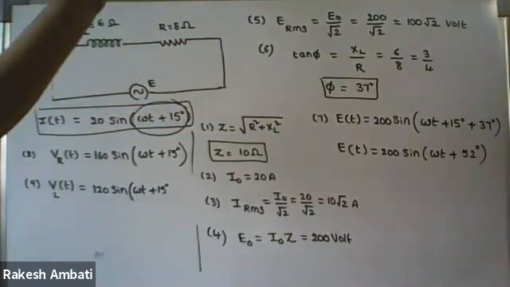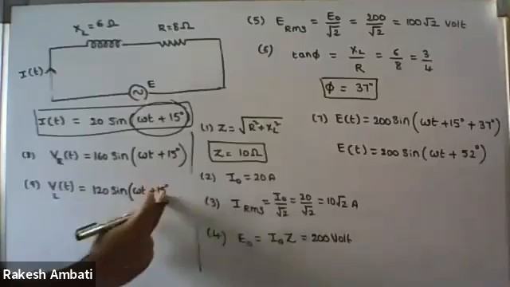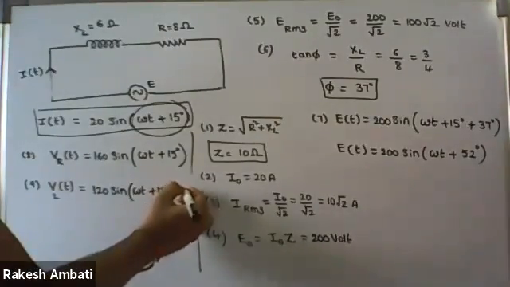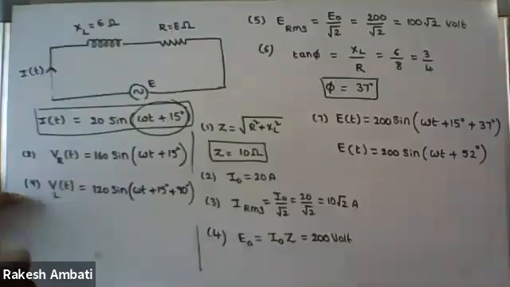It is leading by 90 degrees, so we write plus 90. That's it. Got it? Yes, sir. Okay, write down. Next question.